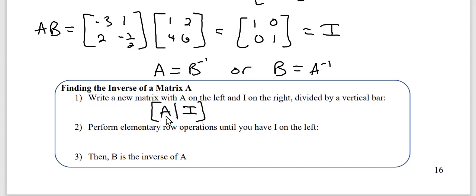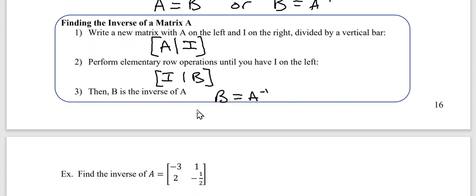So we've got this new big matrix. We perform elementary row operations until we have I on the left side and B on the right side. This B that you find will be the inverse of the matrix that you started with.